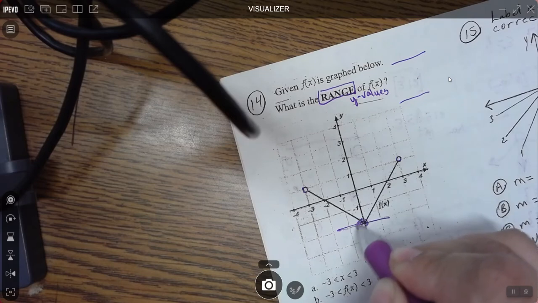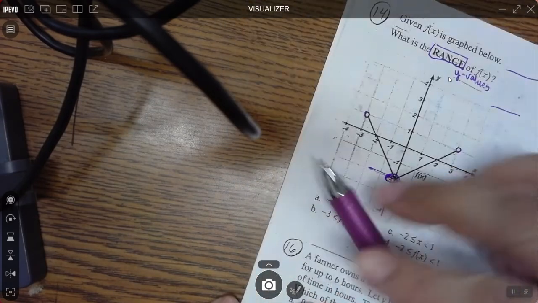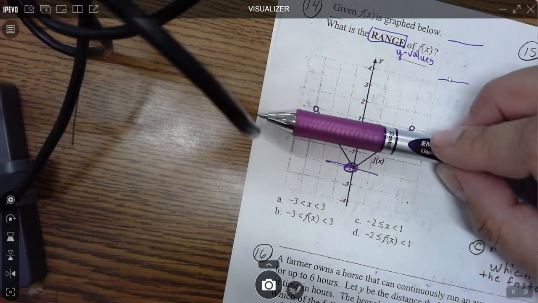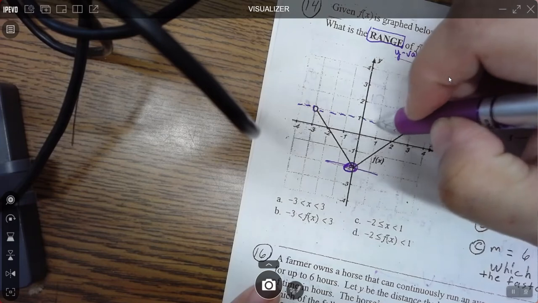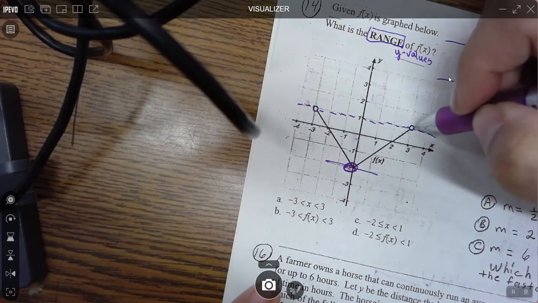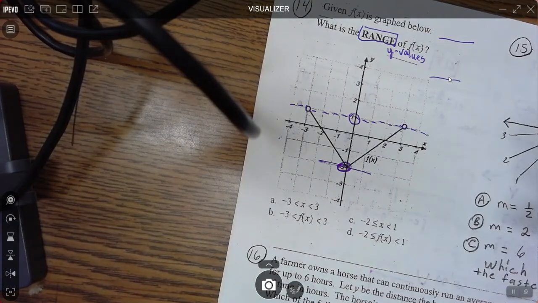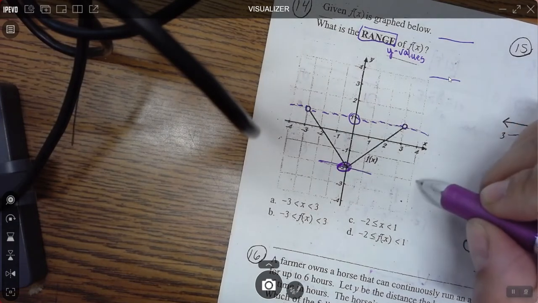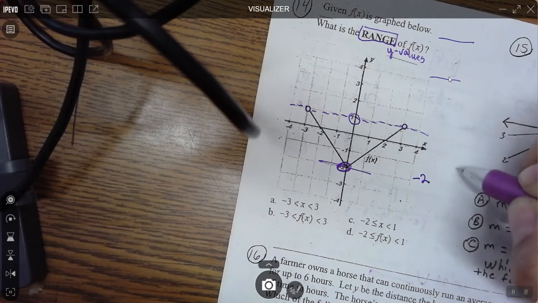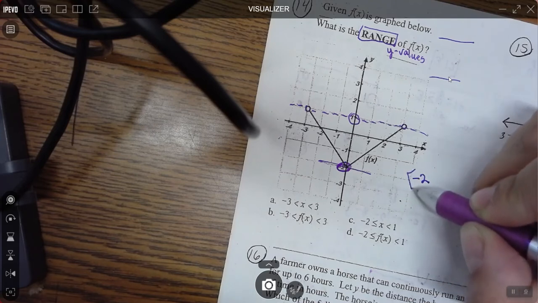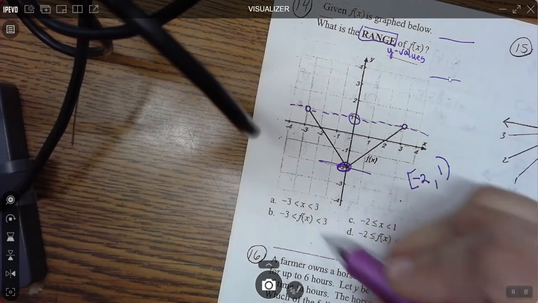So it starts at -2, and the highest horizontal line is here. I'm going to make this one dashed because that's an open circle. Clear? So it's going to start from -2, and it's going to end at 1, but it's not included.